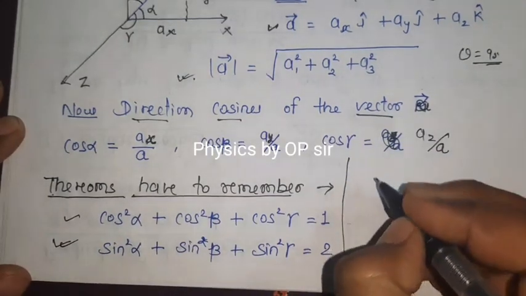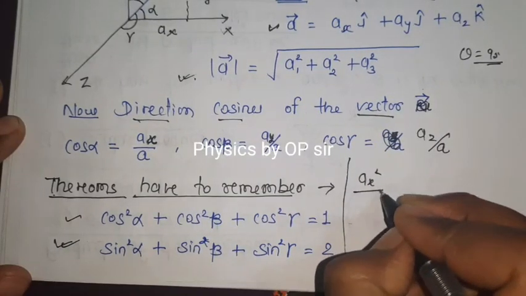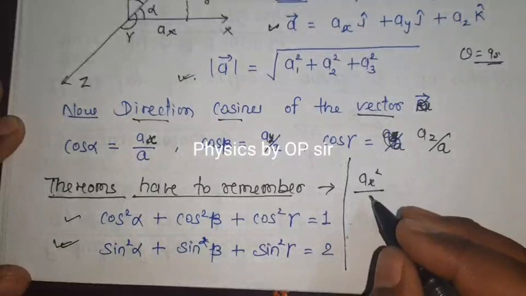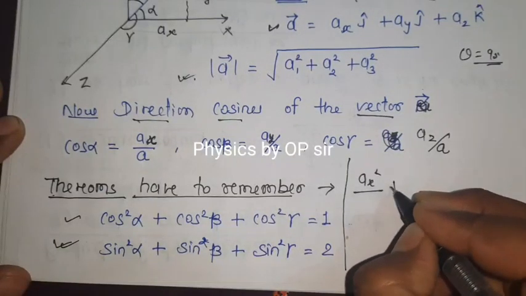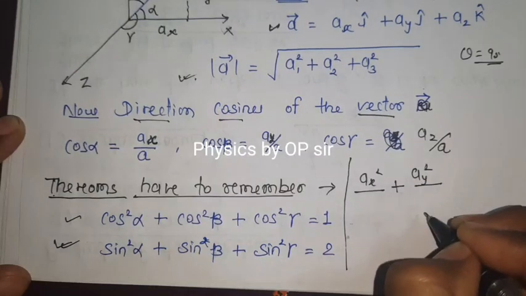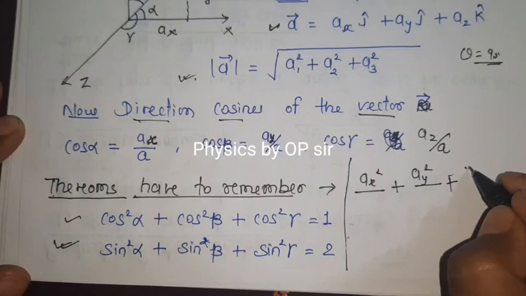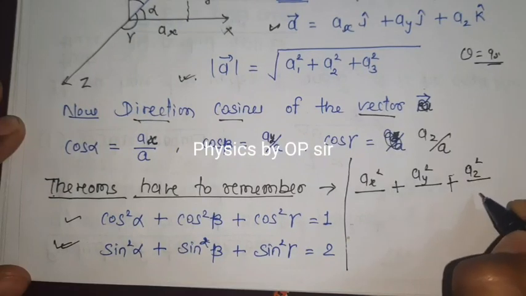I can solve here: cos square alpha means ax square upon this, plus cos square beta means ay square upon this, and cos square gamma means az square upon this.